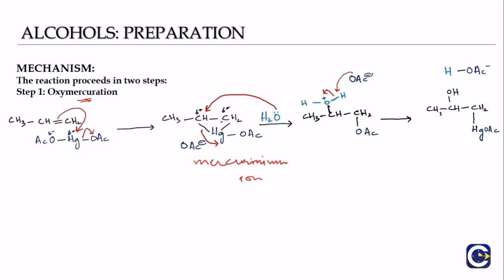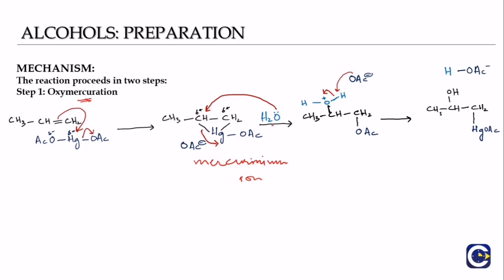In the next step, water functions as the nucleophile and attacks one of the carbons. This attack will be in accordance with Markovnikov's rule. Although there is no carbocation, stability can be explained in the similar way as we explained for carbocations, this carbon being more stable as compared to this.